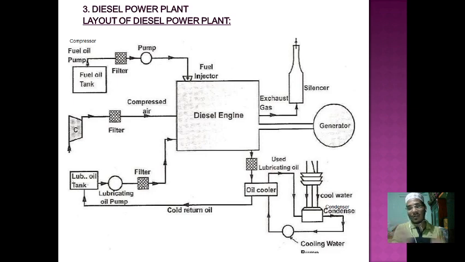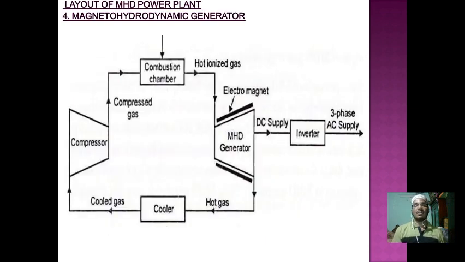The oil cooler exchanges the heat energy. The water comes to the oil cooler, and the cool water transfers its cooling energy to the hot lubricant oil. Then again the lubricant oil becomes cool and comes back to the lubricant tank. This is the layout of the diesel power plant.